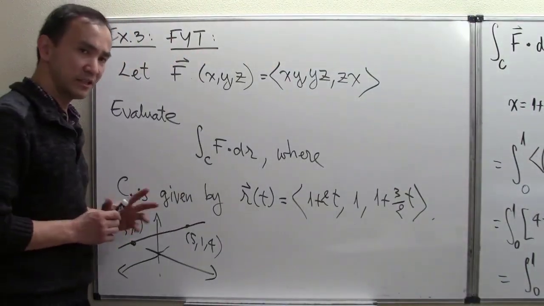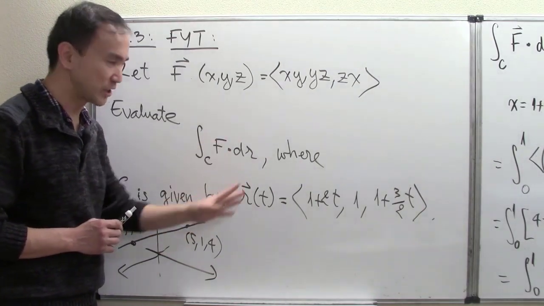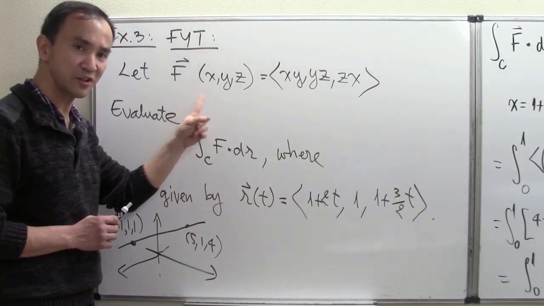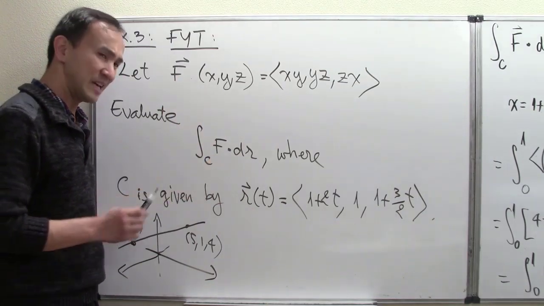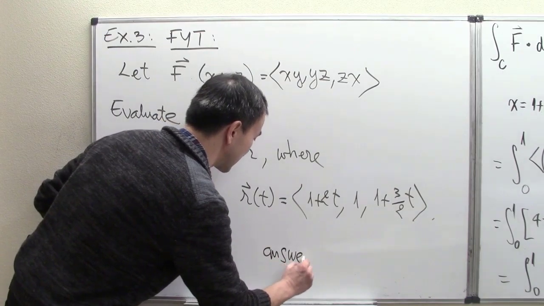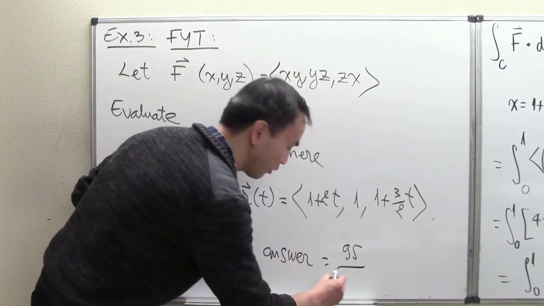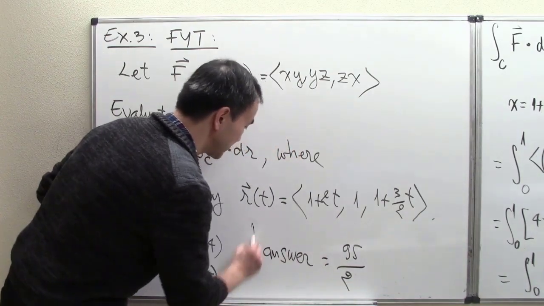All right, and so at this point, I hope you have spent some time going through the work and learning to calculate this line integral on your own right here. The answer that should come out is exactly 95 over 2 again. All right, that's the answer.